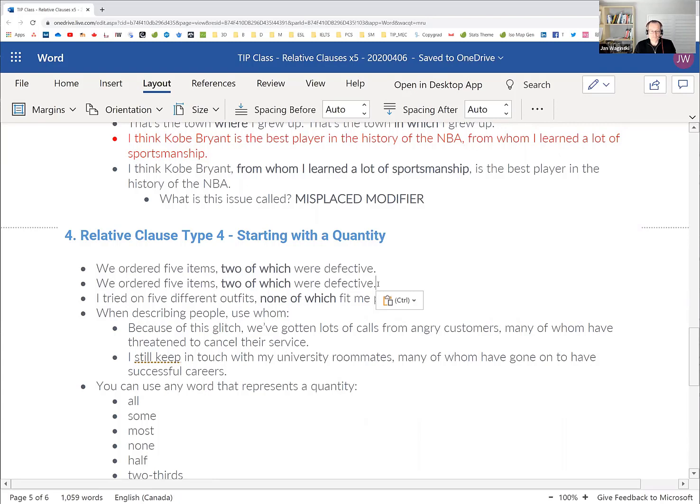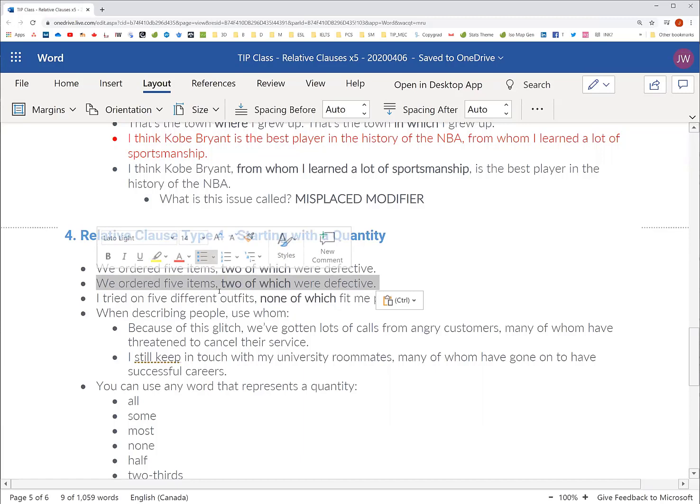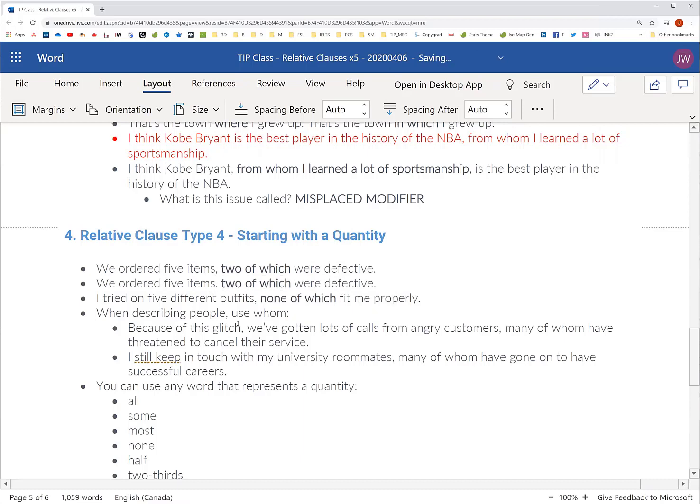Can you turn this one sentence into 2 simple sentences? We ordered 5 items. Good, period. 2 of them are defective. Yeah, good.